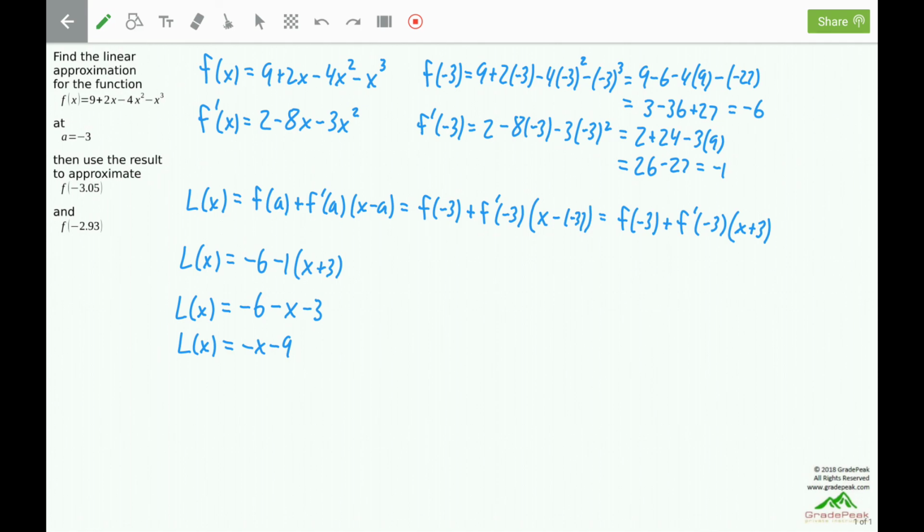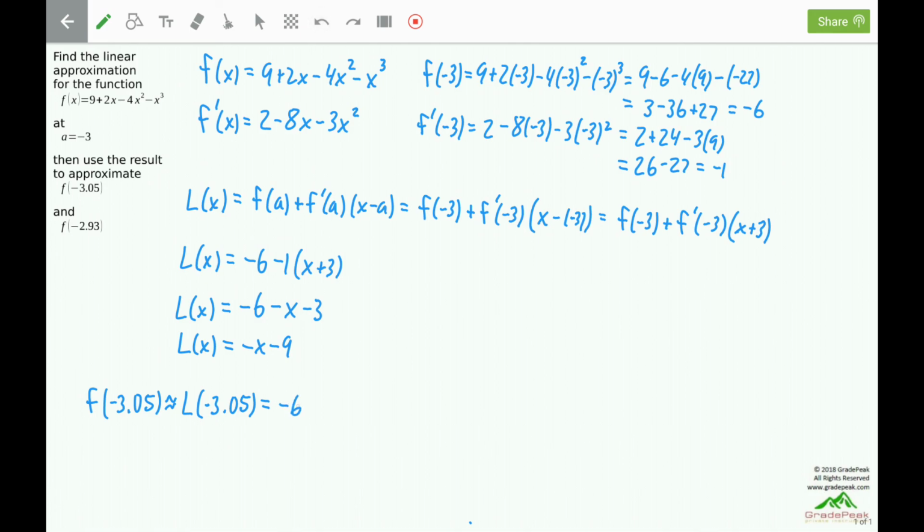The next thing to do is to approximate f of negative 3.05, and this is approximately equal to L of negative 3.05. This will be best evaluated using the original version of L of x right here.